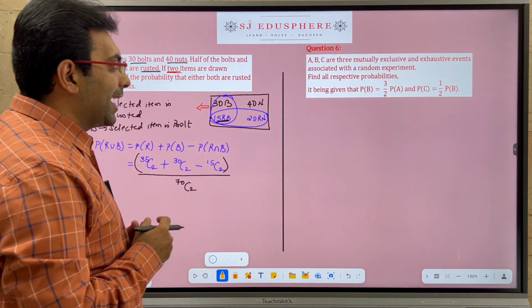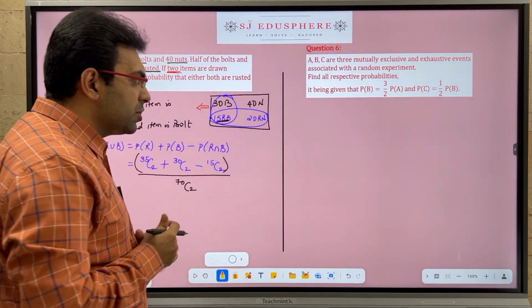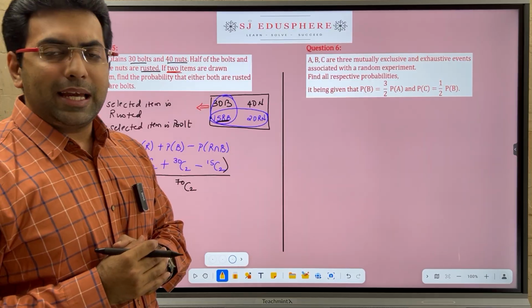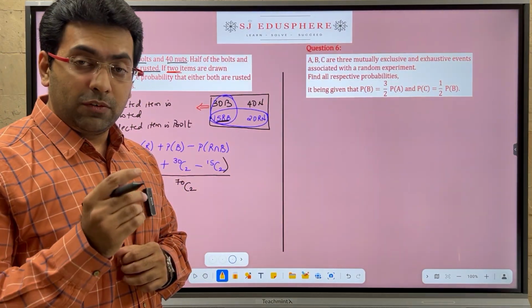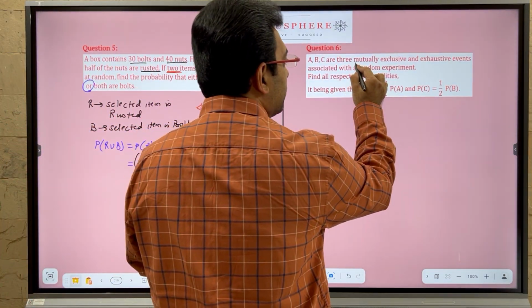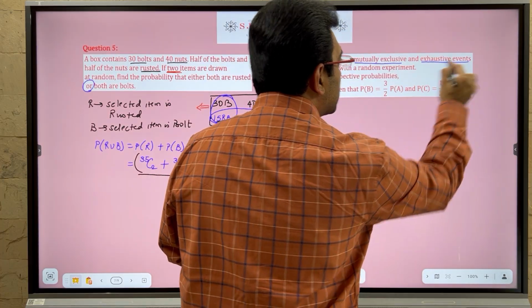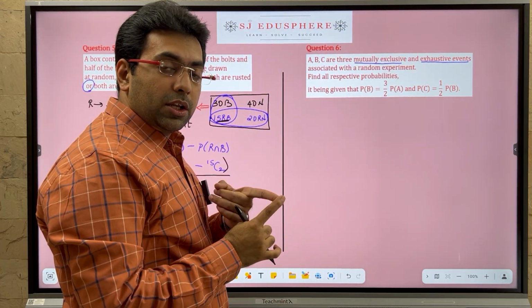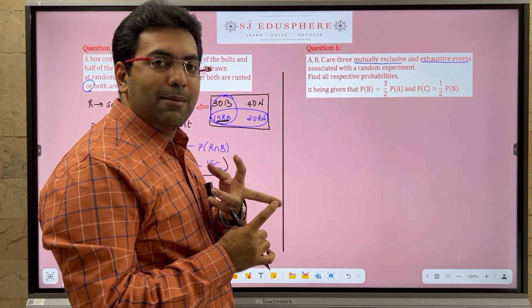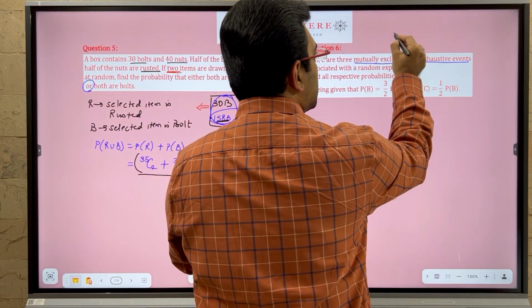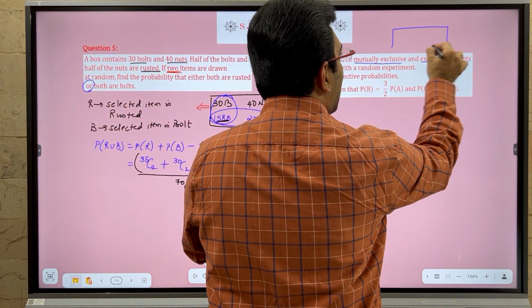Let us look into the next sum. My next concept says A, B, and C are three mutually exclusive and exhaustive events, means nothing in common, have used the full sample space completely. Just a rough diagram, I can have them like this.